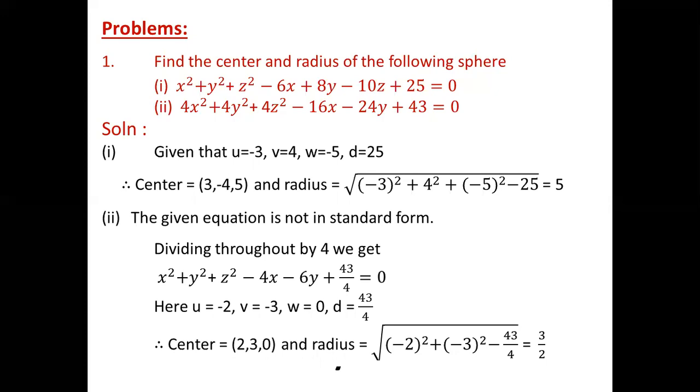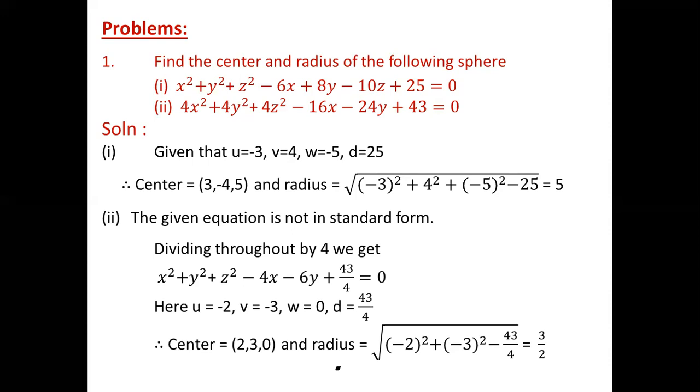By comparing the given equation to the standard form, we get 2u as −6, so u becomes −3; 2v as 8, so v becomes 4; 2w as −10, so w equals −5, and d is equal to 25.